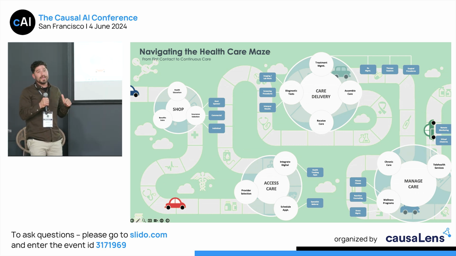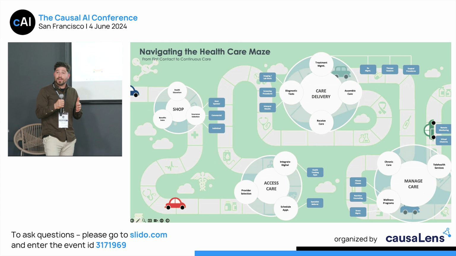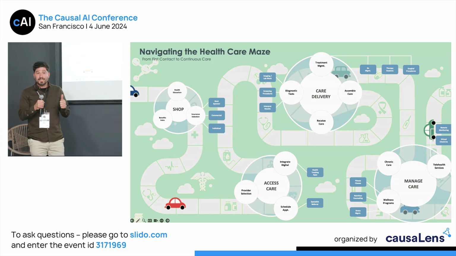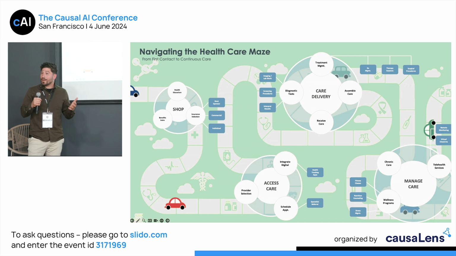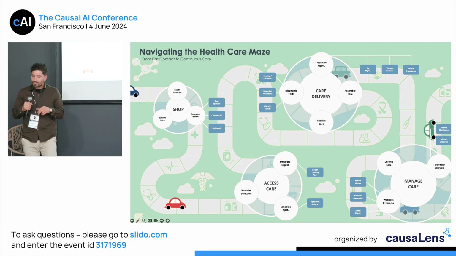The second core idea is that there are some really important decisions that you have to make that impact the quality of care you're getting and the type of care you're receiving. The first is insurance selection. That selection dictates the type of providers you have access to, the type of services you actually have, and also impacts the finances that might be due based on the services rendered to you.